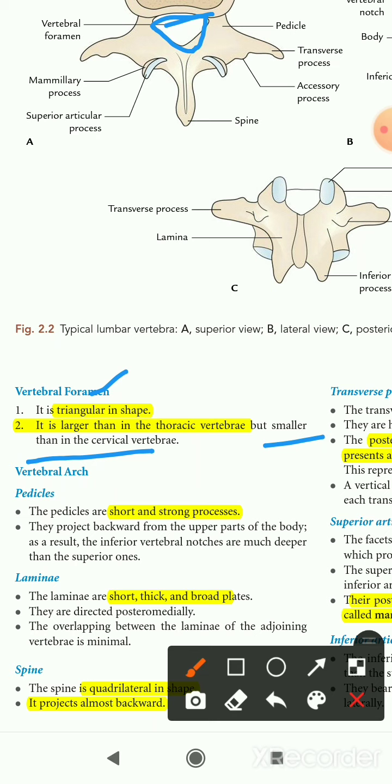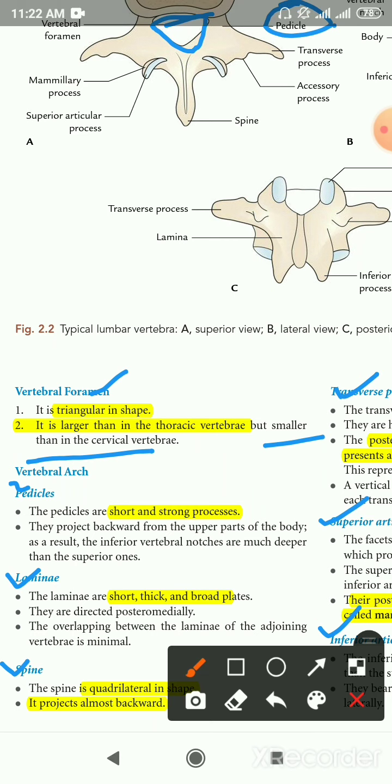Next come to the vertebral arch, which is composed of the pedicle, lamina, spine, transverse process, and the superior articular process and inferior articular process. At first come to the pedicle. The pedicles are short and strong processes. In a typical lumbar vertebra, the pedicles are short.